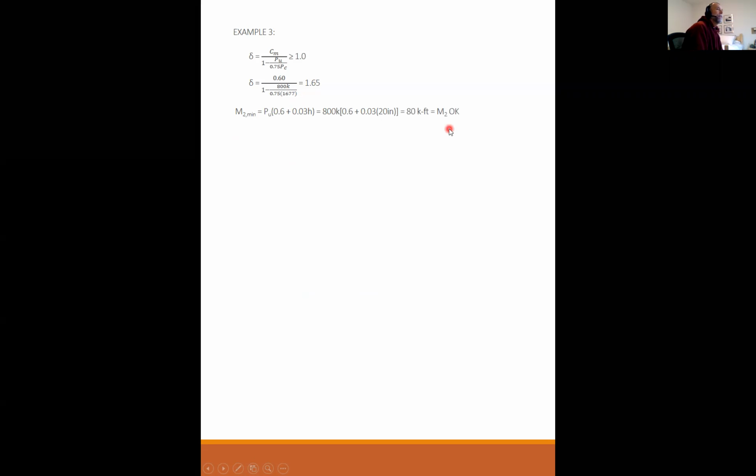So in other words, if M2 is defined in the problem statement as 14 kip feet, then you don't evaluate it with 14, you evaluate it with 80, because that's the minimum for these type of problems. So Mc is equal to delta times M2. 1.65 times 80 is 132 kip feet.